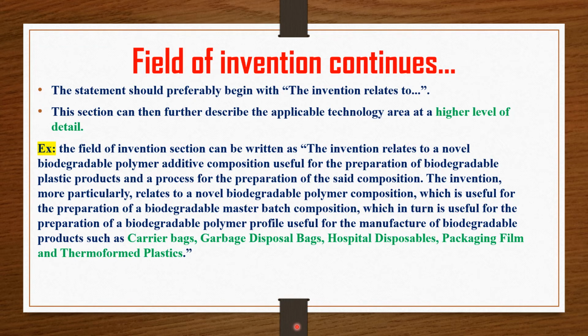The invention more particularly relates to a novel biodegradable polymer composition which is useful for the preparation of a biodegradable master batch composition, which in turn is useful for the preparation of a biodegradable polymer profile useful for the manufacture of biodegradable products such as carrier bags, garbage disposal bags, hospital disposables, packaging film, and thermoformed plastics.